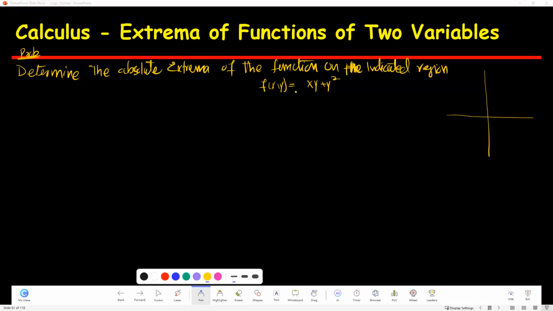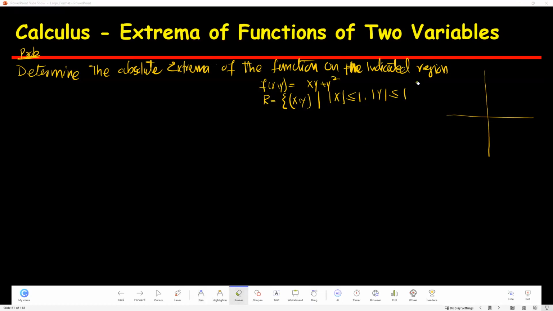It looks like a surface, and the range is given, which tells me the domain: x and y such that the absolute value of x is less than or equal to 1, and y is between minus 2x and 2x.